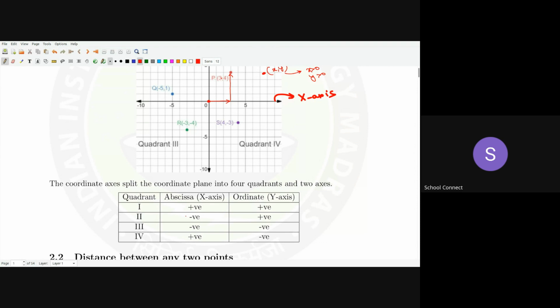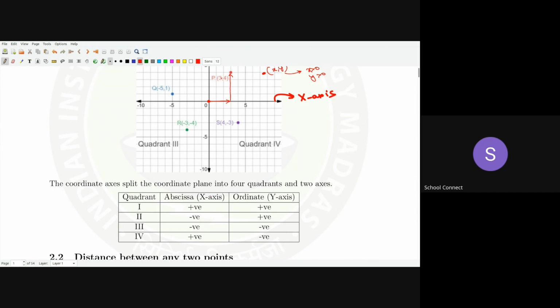In quadrant 2, the x coordinate is negative and the y coordinate is positive. In quadrant 3, both coordinates are negative. In quadrant 4, x is positive and y is negative. So this is the xy plane, or Cartesian coordinate plane, or the rectangular coordinate system.